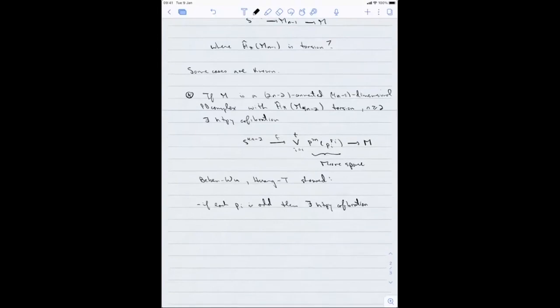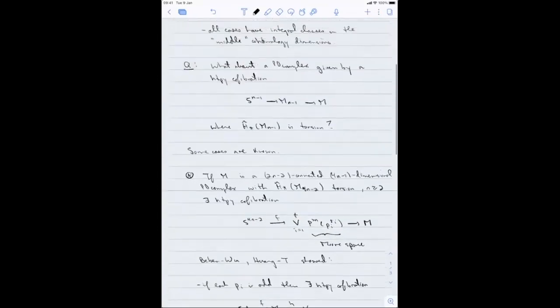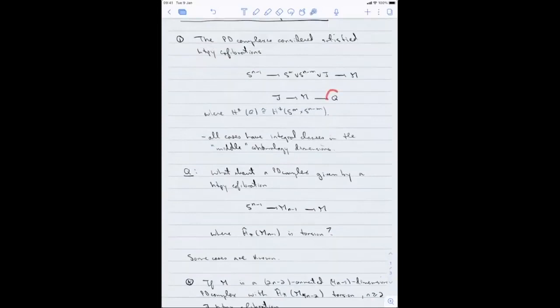We can collect all but one of these Moore spaces and label that space A. It's a wedge of Moore spaces, where the dimensions are high enough that they'll all be suspensions. We can map it into M and then collapse it out. And this V will be the analog of the space Q that we were playing with before.